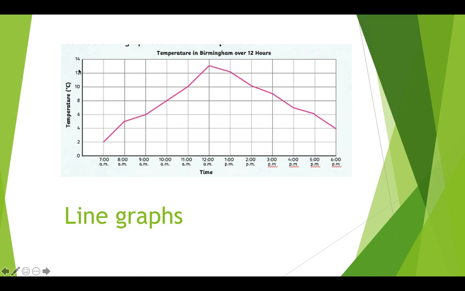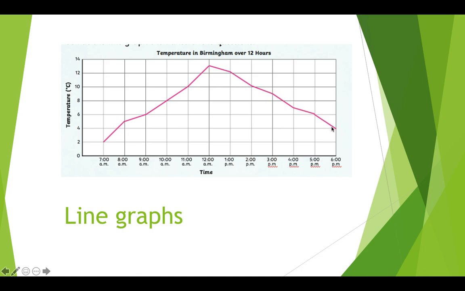So this is how hot or cold it is going up the side. Along the bottom is the time, and the time is counting up in hours from 7 o'clock in the morning to 6 p.m. at night. And the line graph shows you how the temperature changes over the course of those 12 hours.